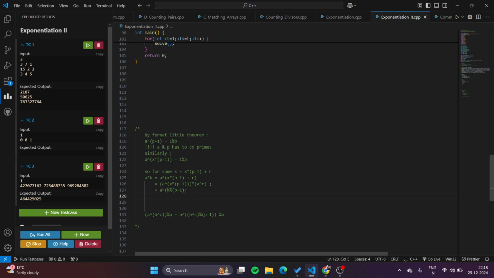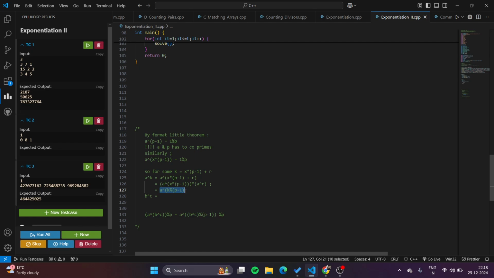So now we know, because we didn't know for b raised to power c what modulo to use. So we can write this whole thing in terms of p minus 1.